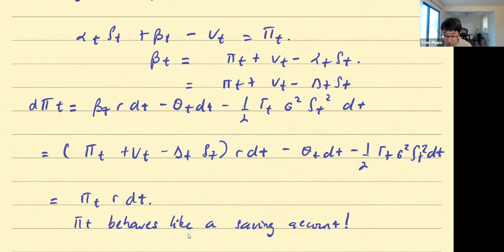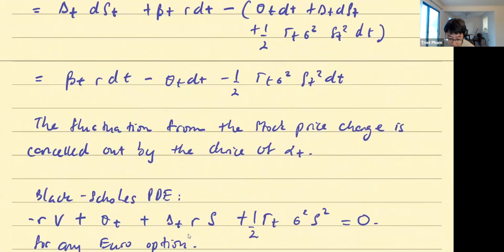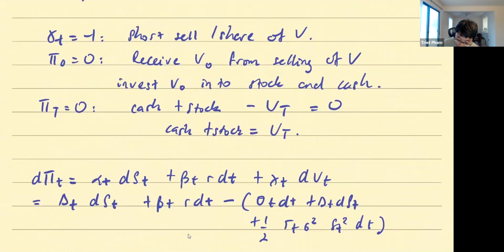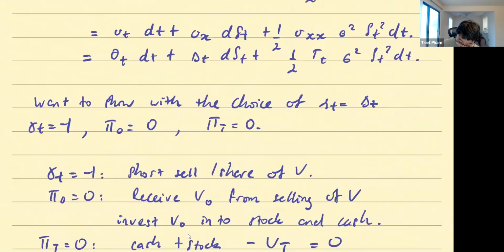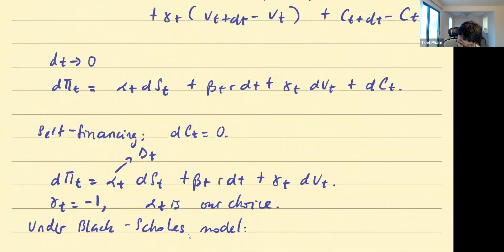So long story short, what is the whole story we've been trying to tell so far? The whole story is this: you have a portfolio with delta T shares invested in stock, the rest in cash, balancing the portfolio out, shorting one share of the derivative.